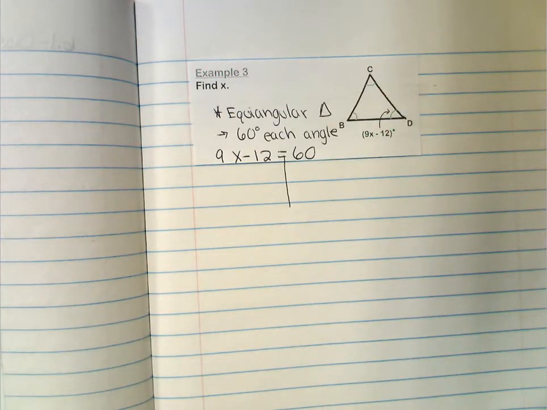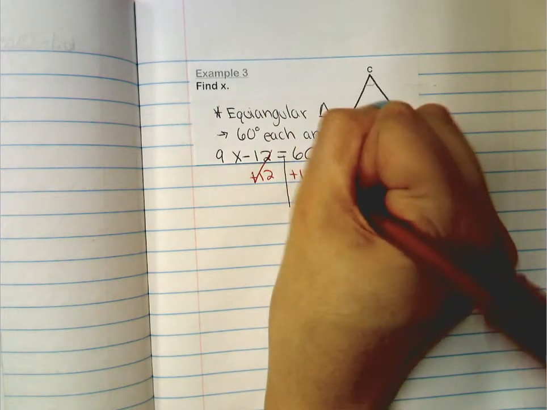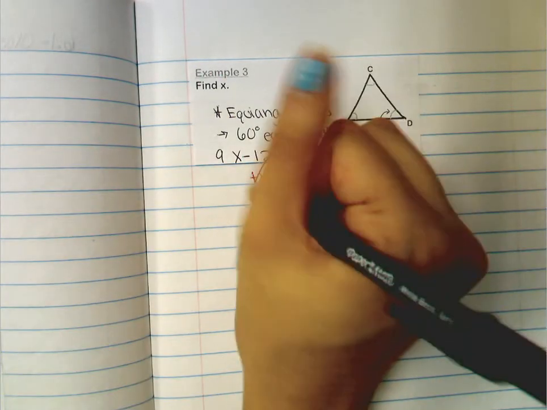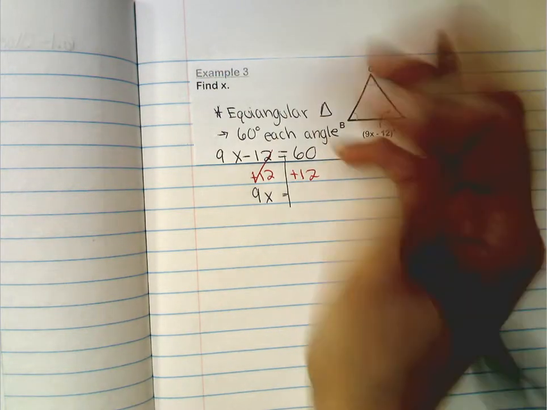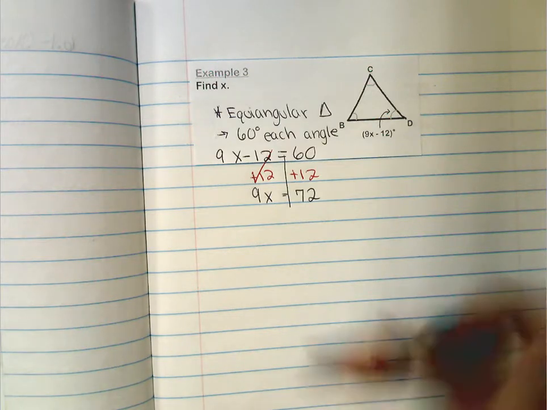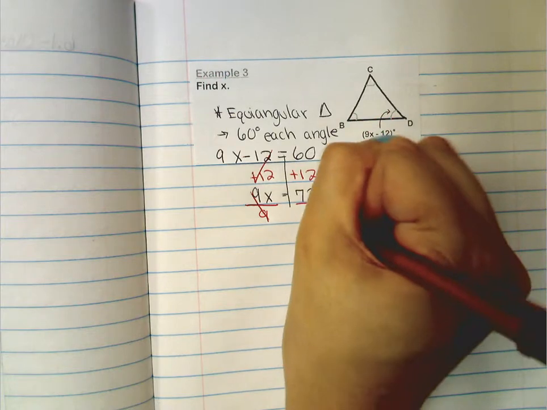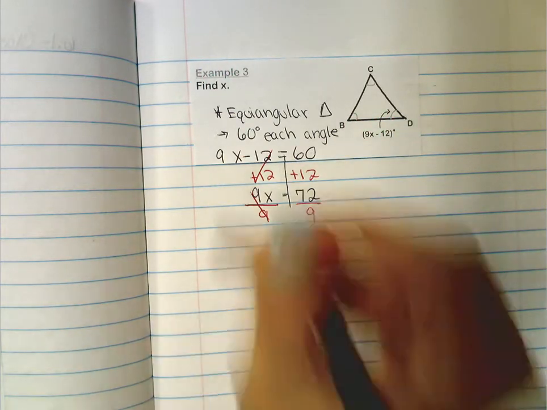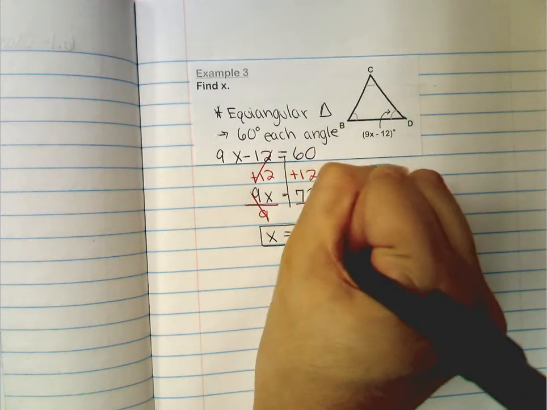First, I have to cancel the 12, so I'm going to add it to both sides. I have 9x left over, and right here 60 plus 12 is 72. To cancel the 9, I divide by 9 on both sides. And I get x equals 8.